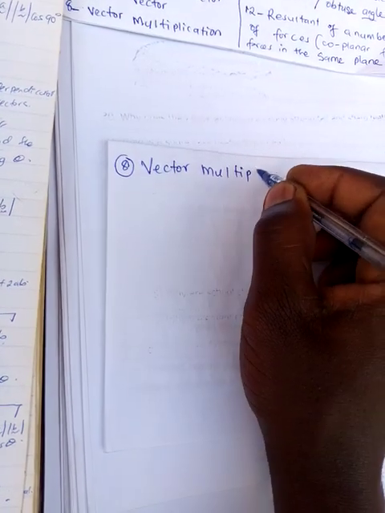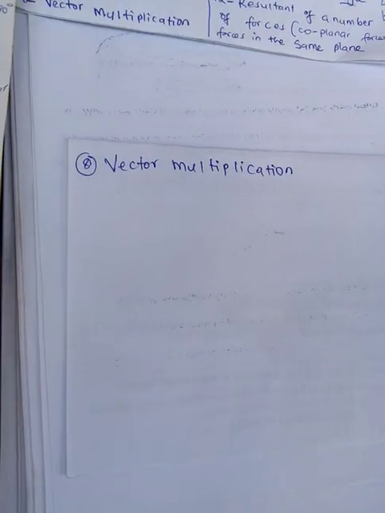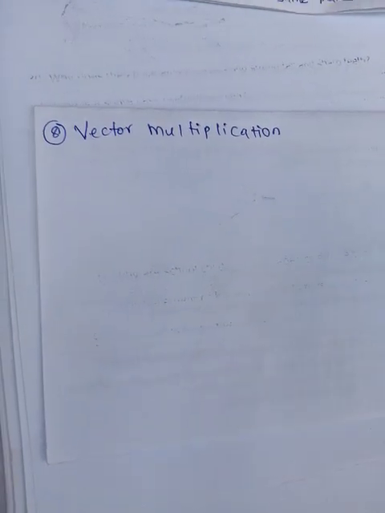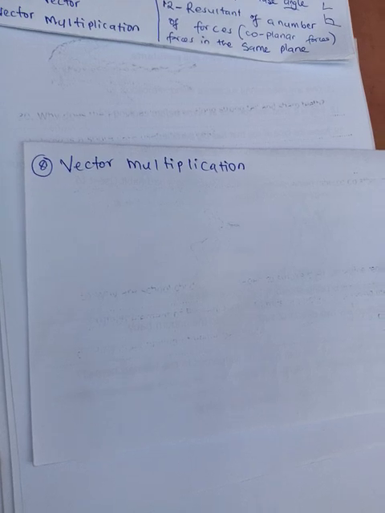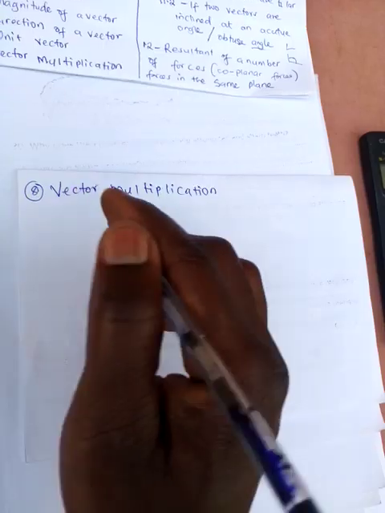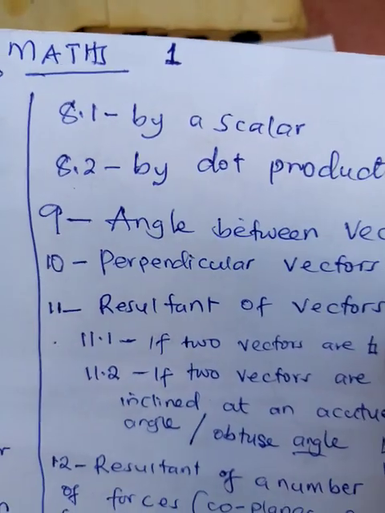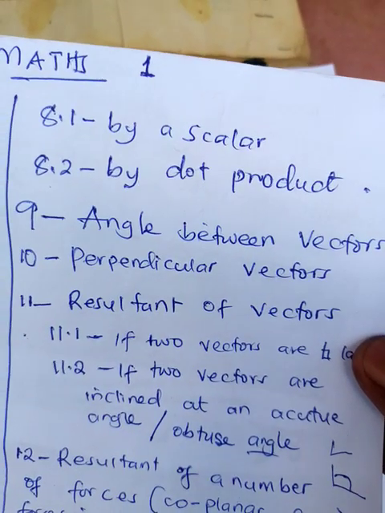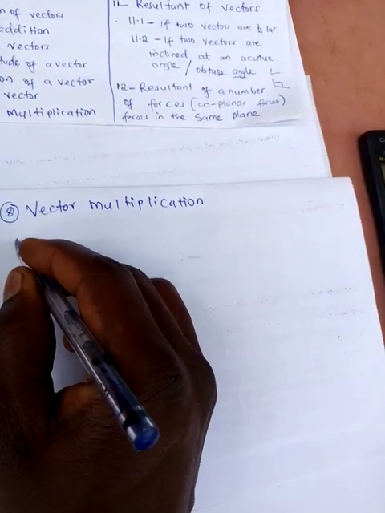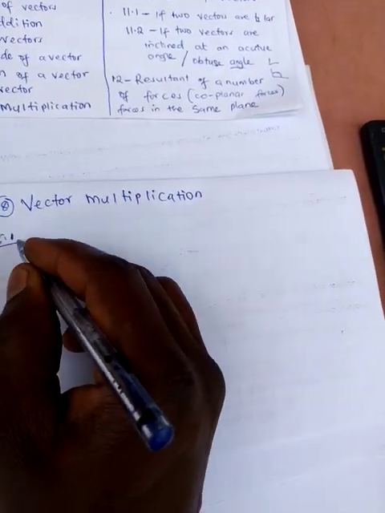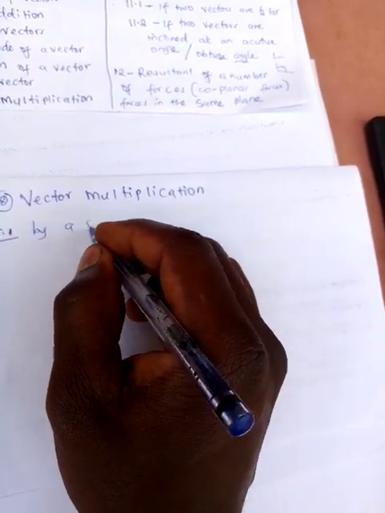Vector multiplication is divided. We said we have multiplying by a scalar and by dot product. Let us look at multiplication by a scalar.